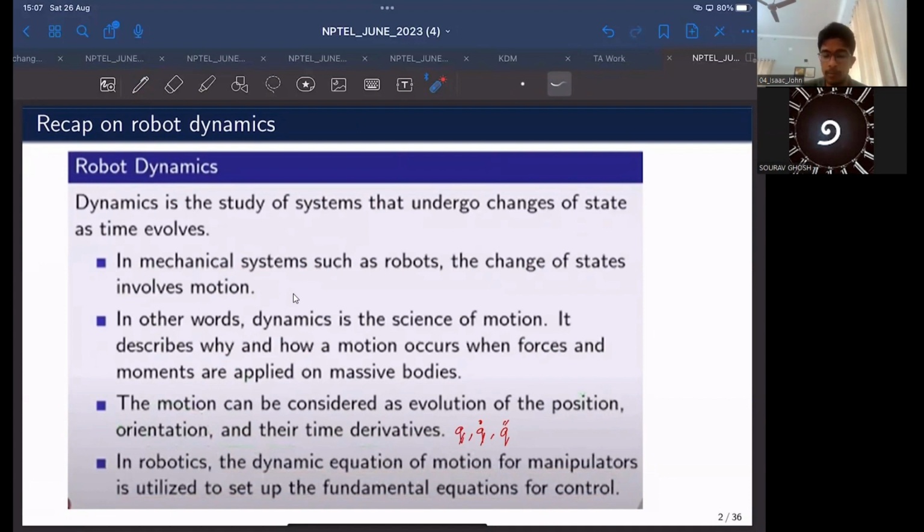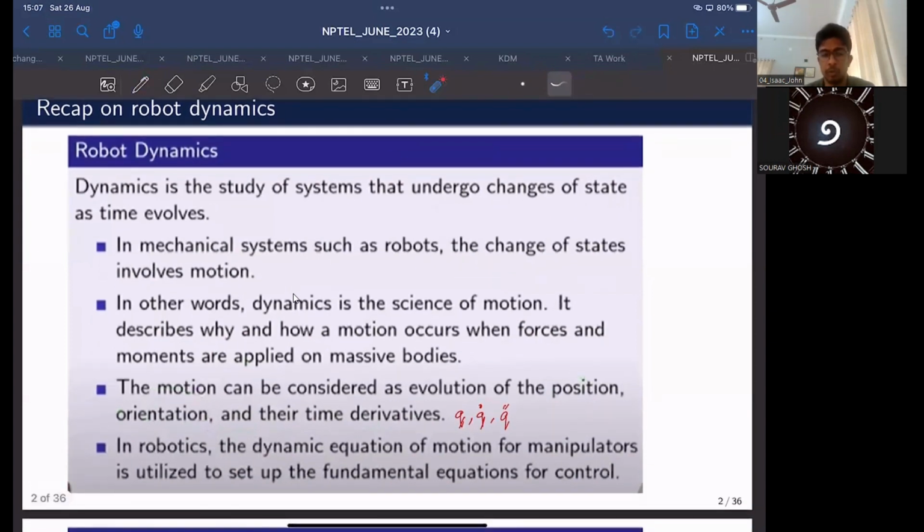If you want to control a robot to track a given trajectory, it is important that we should be able to model the robot's equations of motion. The equations of motion are the mathematical model that governs the behavior of the robot: how the robot would move based on the inputs we give, whether a set of forces or a set of trajectory commands.